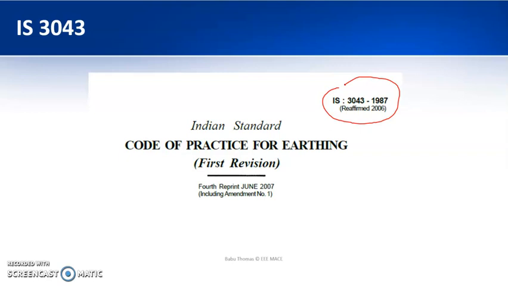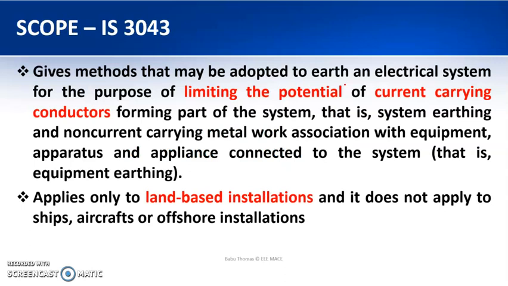It basically covers the methods that may be adopted in an electrical system for the purpose of earthing that system. It applies only to land-based installations and does not apply to ships, aircraft or offshore installations. So every IS standard will specify the areas or voltage levels to which it is applicable.